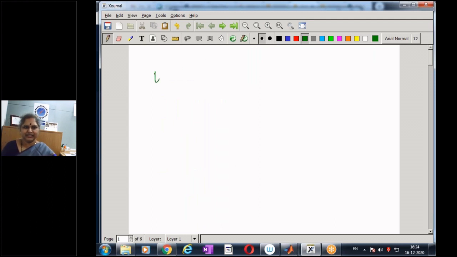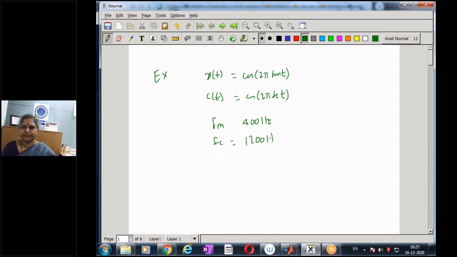As a next example, we shall consider, once again, the signal x of t with frequency cos 2 pi fm t, and the signal c of t given by cos 2 pi fc t, where we continue having the same frequency, 400 hertz for fm, and fc as 1200 hertz.